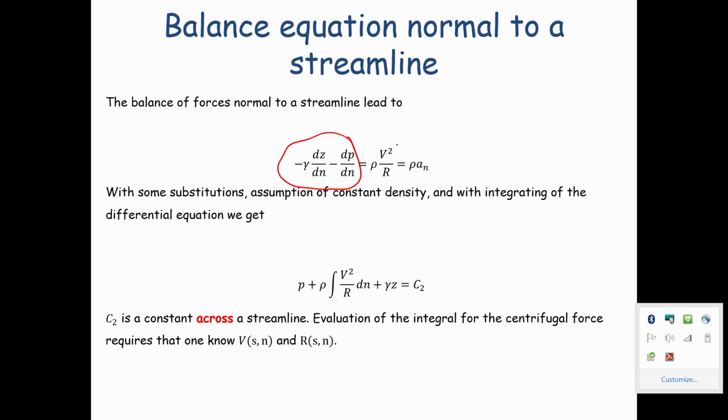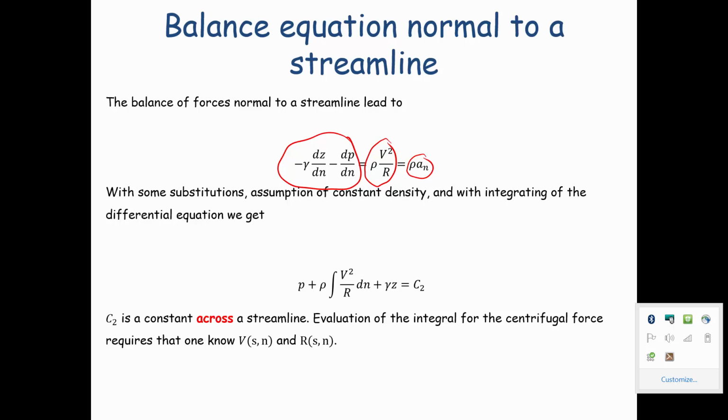That acceleration is given by rho a_n, where the a_n is the acceleration normal to the streamline, and this is a centrifugal acceleration, centrifugal force, you might think of that being. So here that force is proportional to the velocity along the streamline divided by the radius of curvature.